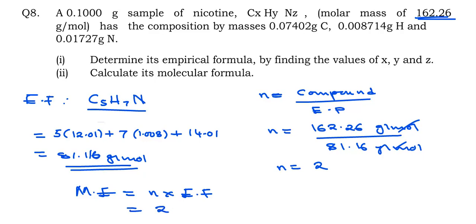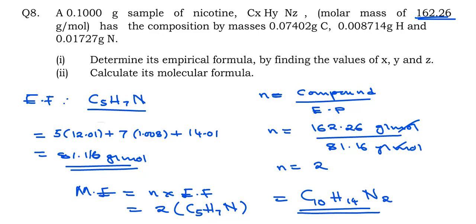Our empirical formula is C5H7N, then n like this. So we are going to say 2 times 5, we are going to have 10. Then 2 times 7, here we are going to have 14. Then for N we have 1, we are going to have 2. So this is now our molecular formula.